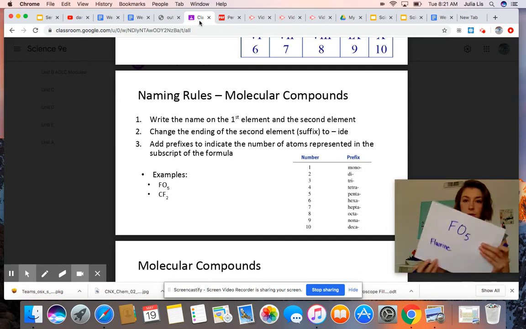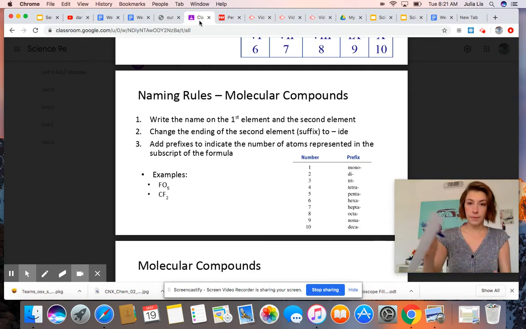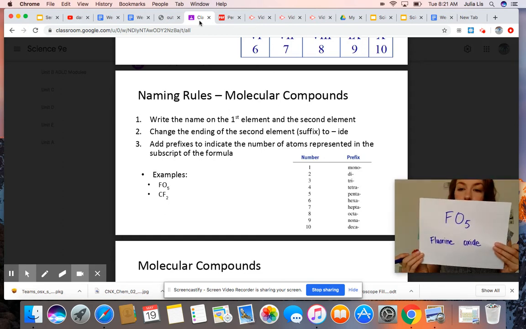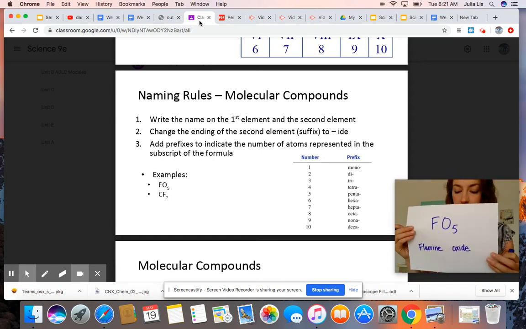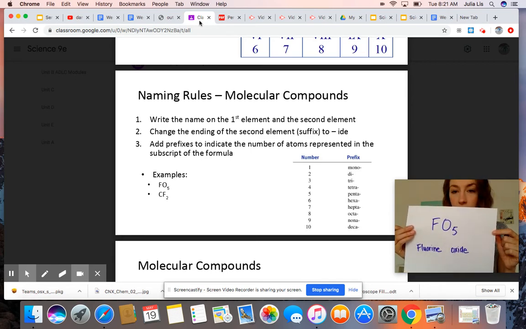Okay, so I'm going to name the first element. And then I'm going to name the second element just like I would an ionic compound, and I change the ending to IDE, oxide. Okay, so fluorine oxide. But now these numbers here, in the invisible one here, they matter when naming molecular compounds.